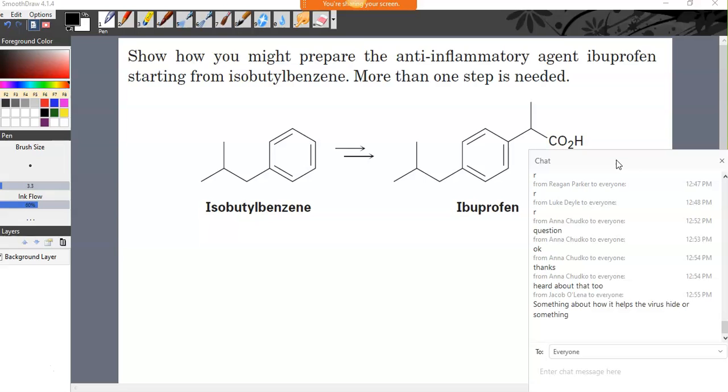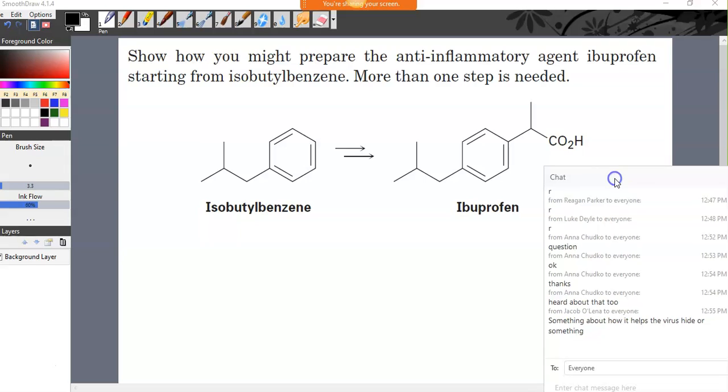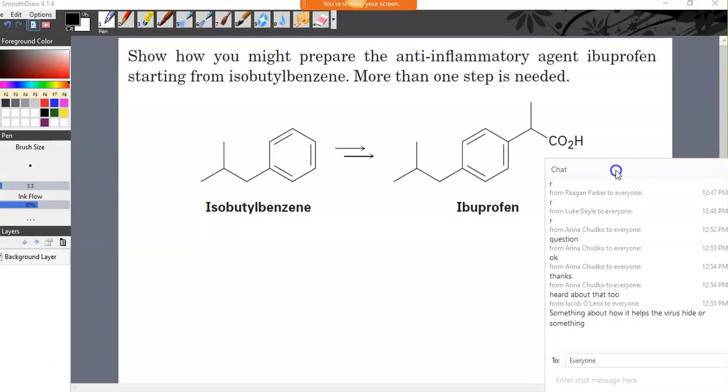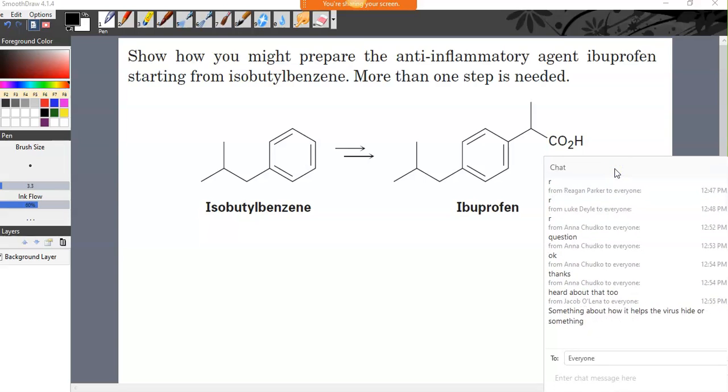I heard it was something because ibuprofen is also an anti-inflammatory. I was hearing that you don't really want the anti-inflammatory effect. That's the thing I was hearing about it. I don't know if it was something else.